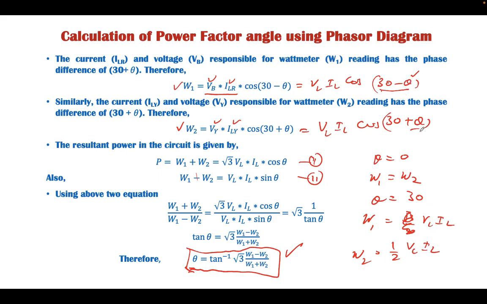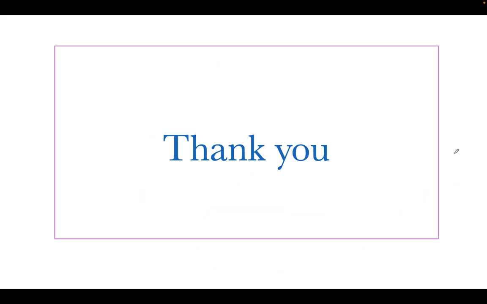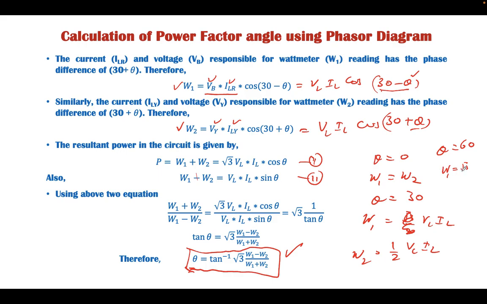Similarly, if theta is equal to 60 degrees, then this angle will be 30 degrees. Cos of 30 degrees gives the reading of W1 equal to root 3 by 2 VL IL, whereas W2 will be equal to cos of 90 degrees, which is 0. The other wattmeter reading will be 0, and hence the wattmeter readings are influenced by the power factor of the load.